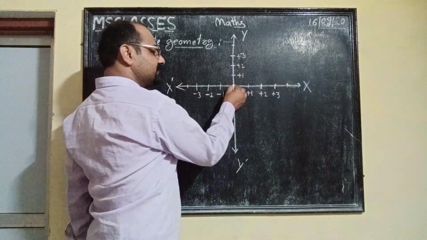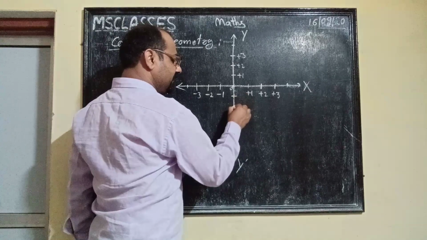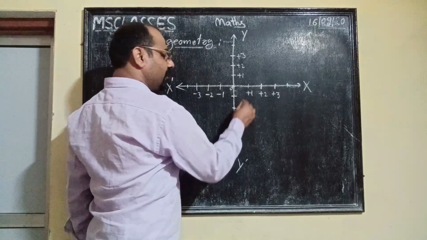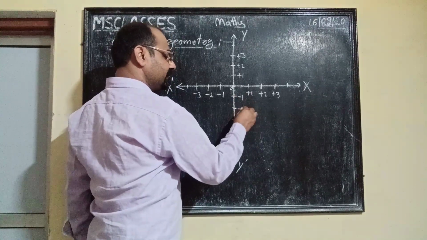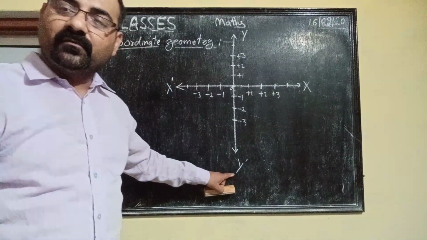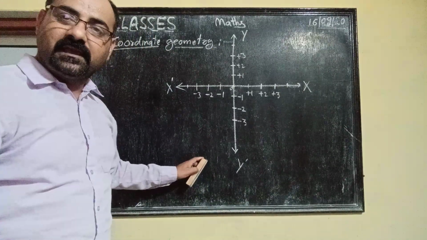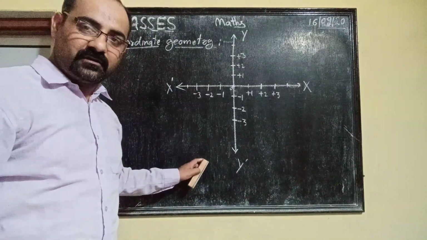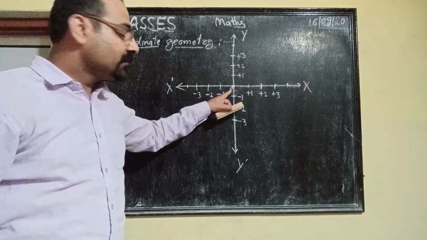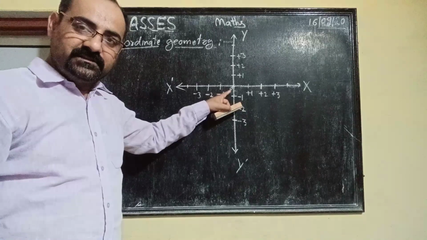In the middle intersecting point this is 0, and to the bottom side at equidistant all numbers are negative. So -1, -2, -3 toward Y dash. So this is a Cartesian plane. A Cartesian plane has two mutually perpendicular lines intersecting at an origin, and the coordinates of origin are 0, 0.